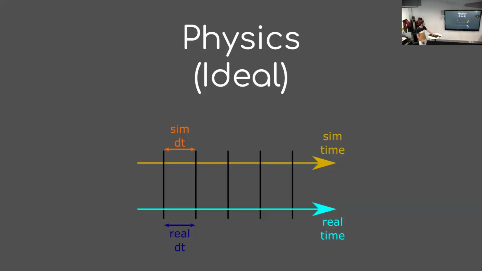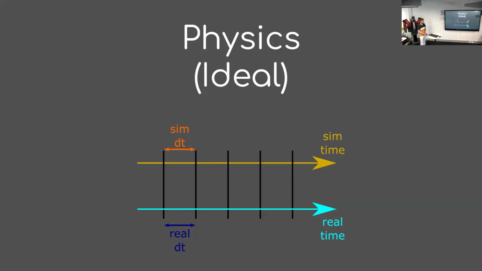So if you think about when you're simulating your robot, you want your simulation time and your real time to be pretty much matched 1-to-1. So if 1 second has passed in your sim time, that also means in real time that's 1 second as well.